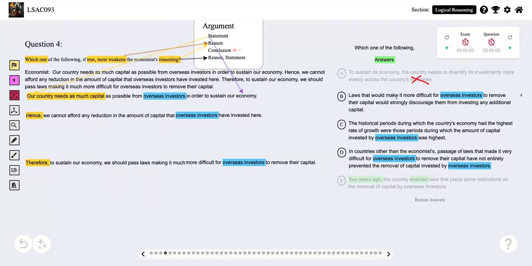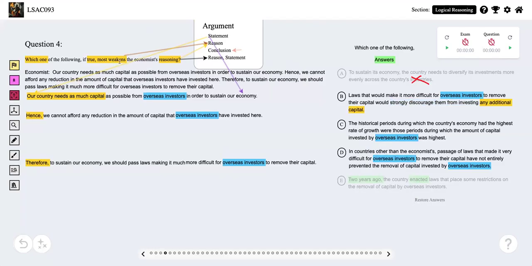And here, they're saying that if we made it more difficult for overseas investors to remove their capital, it would strongly discourage them from investing any additional capital. So our country needs as much capital. This particular item would not give us any additional capital.